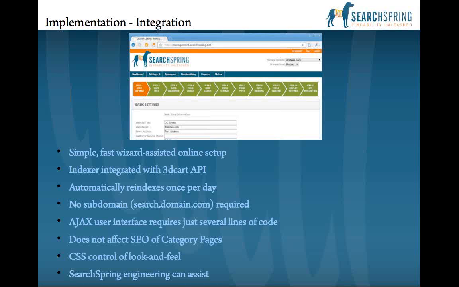So you can insert that anywhere you want, www domain or any page you want. The other nice thing about adding it to your category pages is that it really doesn't affect your SEO, because it's inserting the AJAX into your existing category pages, and when the Google and Yahoo spiders come in, they largely see the same page that they always did.